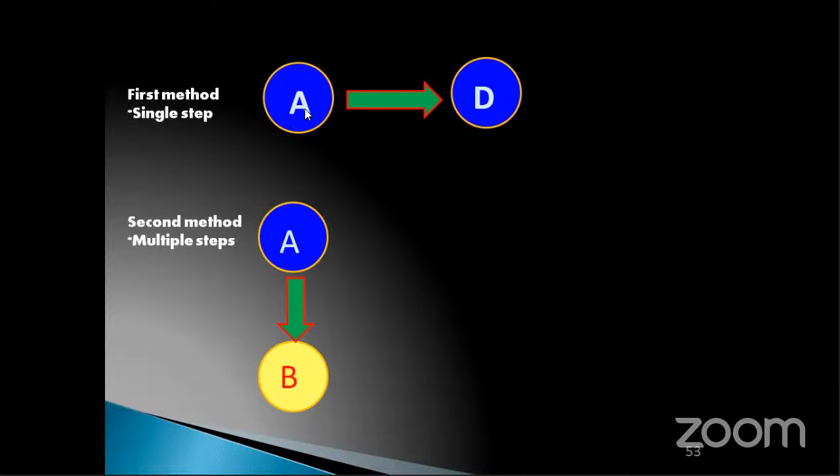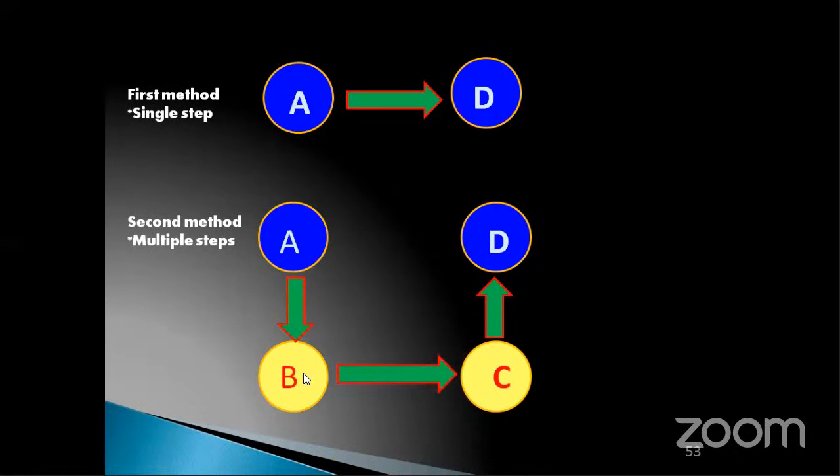In the first method, reactant A, means general reaction dili hai, A is giving product D, and in the second method means this reaction is taking place in multiple steps. In first step A is giving B, then in the second step B is giving C, and in the third step C is giving D, and this is the single step reaction.